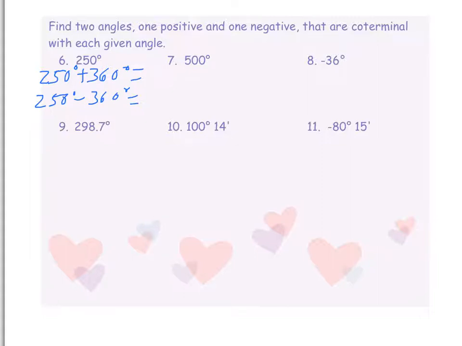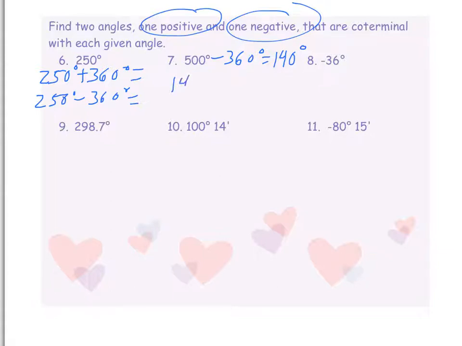Now it says to generate one that's positive and one that's negative. So notice here with 500, if I were to subtract 360, that would equal 140 degrees. There's a positive one. In this case, I wouldn't want to add 360 to 500. I could, and generate another coterminal at 860 degrees. Problem is, it would be another positive one.